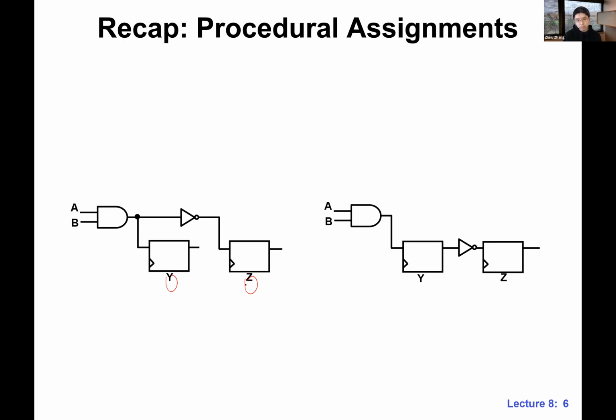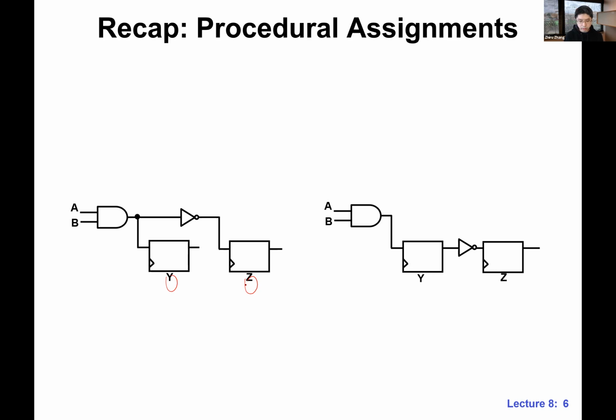In some cases, we want to take the input side from a certain flip-flop and then process it. In other cases, we want to take the output side, which is the one cycle delayed version of the flip-flop. That's where we make use of these different assignment operators.